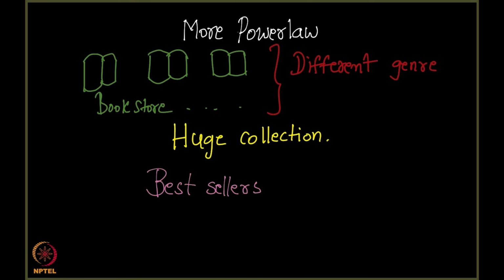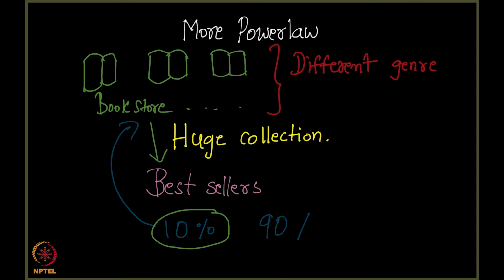So roughly, let me assume that 10% of the books that are there in the bookstore are bestsellers. So why not keep just the 10% of it and discard the remaining 90%? It only makes sense, you see.